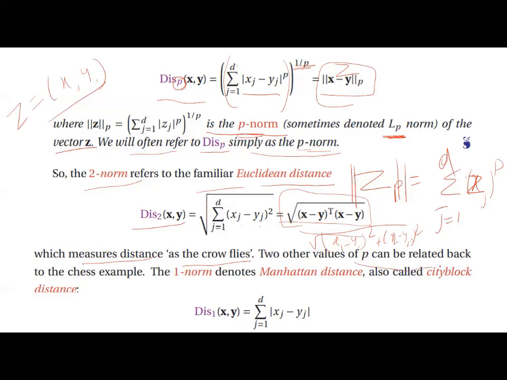Other values of p can be related back to the chess example. The 1 norm denotes Manhattan distance, also called city block distance, the modulus of xi minus yi without square.